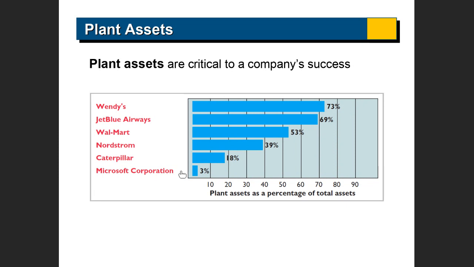Their plant assets are only 3% of their total assets, because they don't have a physical production facility like, for example, Toyota or other companies like that, where they have a lot of physical equipment that is used to make things, manufacture things, and so forth, right? Microsoft, their computer resources are there and so forth, but the plant assets are only 3% of their total assets.